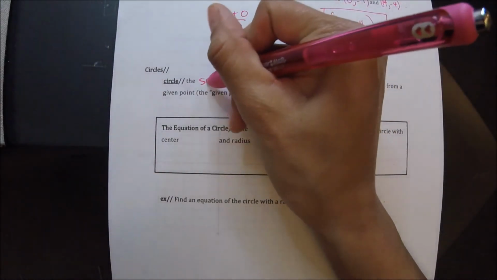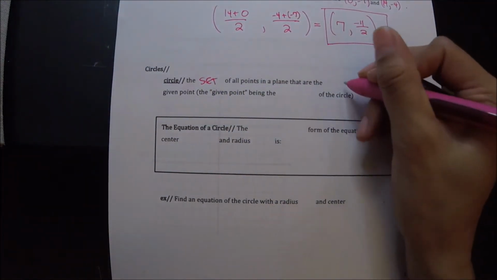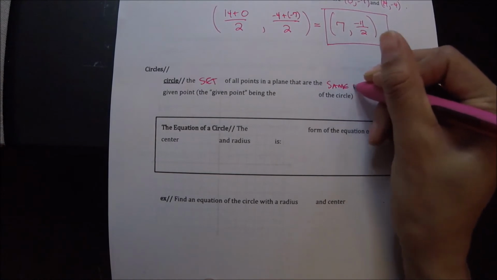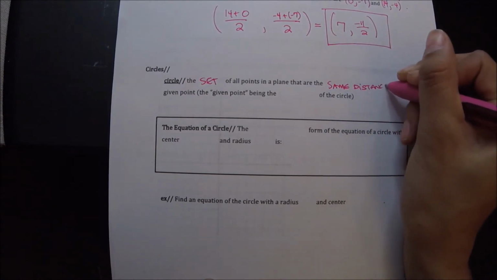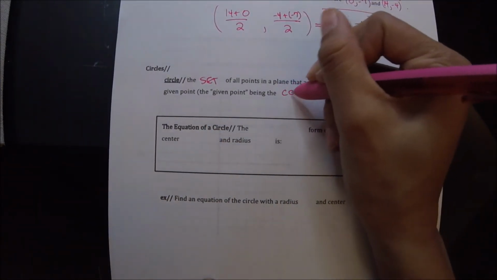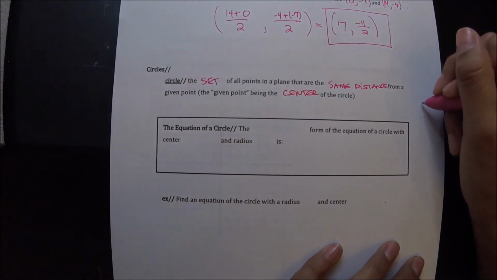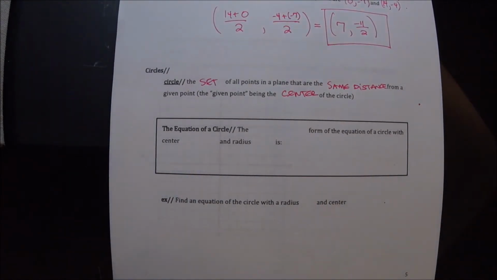First, let's define what a circle is. A circle is the set of all the points in a plane that are the same distance from a given point, and that given point turns out to be the center of the circle. So say you have a center, that's going to be the center of our circle.